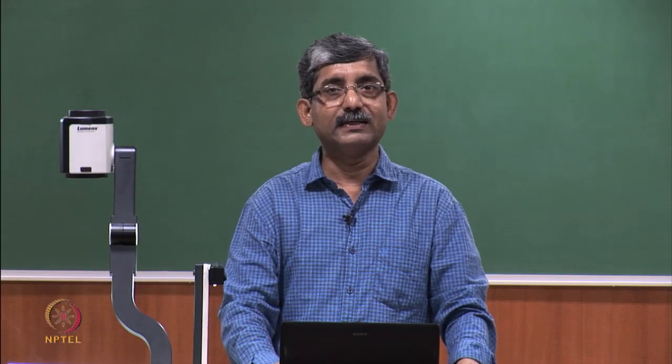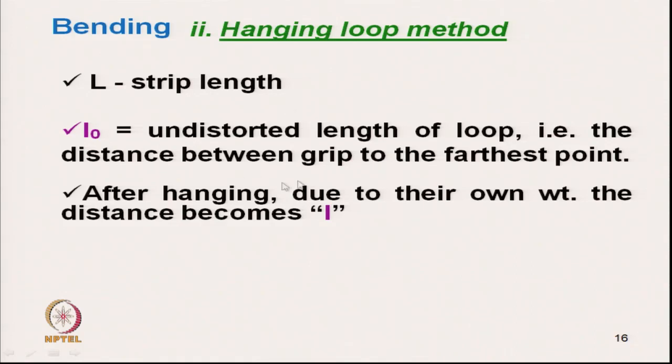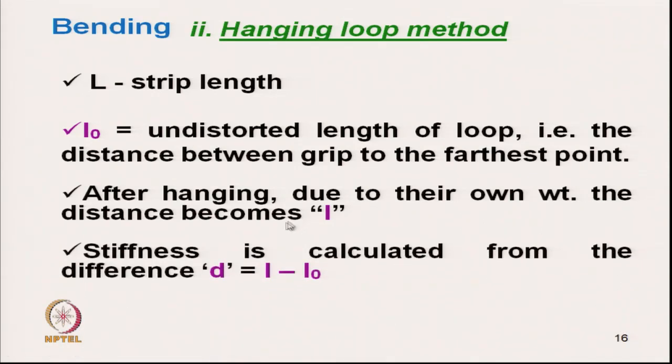L is the length of the strip, and L0, we have discussed, is the undistorted length of the loop, that is the distance between the grip and the farthest point. After hanging under its own weight there will be some distortion, and that distance becomes L, which is more than L0.